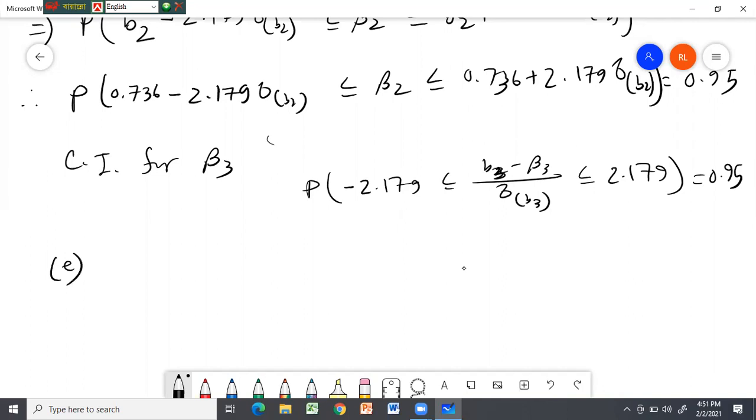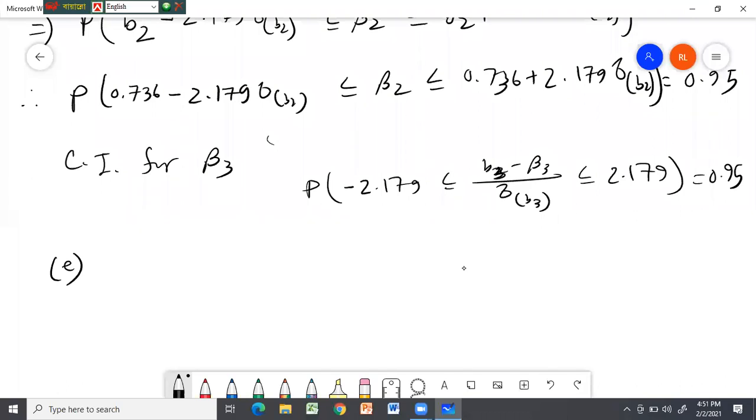Okay, then we are in part E: test the statistical significance of each estimated regression coefficient using a level of significance of 5%, two-tail test. I have specifically said that you have to use the two-tail test. The statistical significance of each estimated regression coefficient.